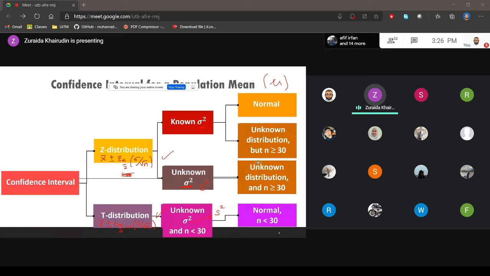If you don't have information on sigma, and also your value of n is only 18, for question number 27, n stands for sample size. Your sample size is only 18 and you have a value of s, the sample standard deviation. So you use this formula.